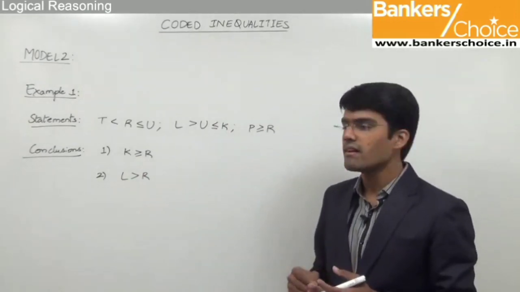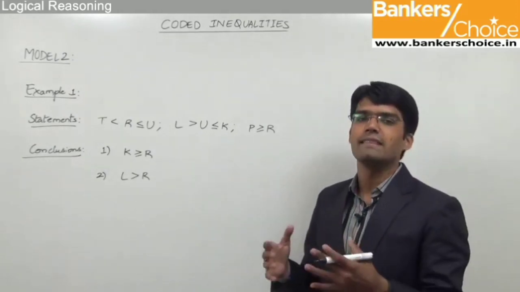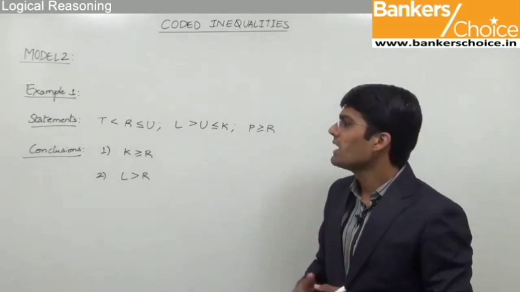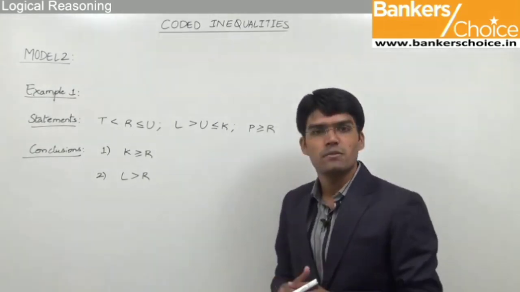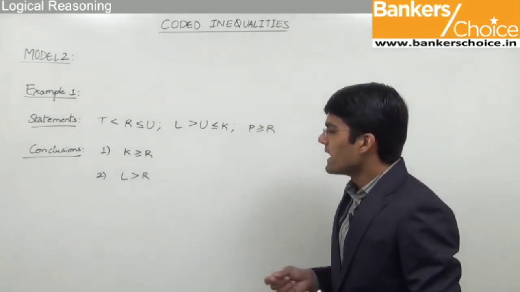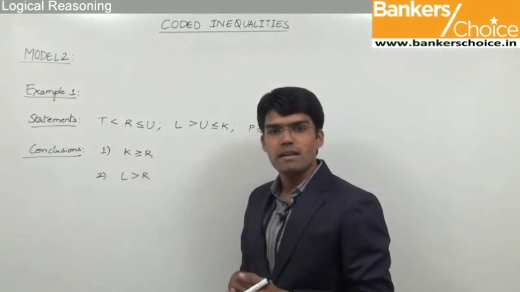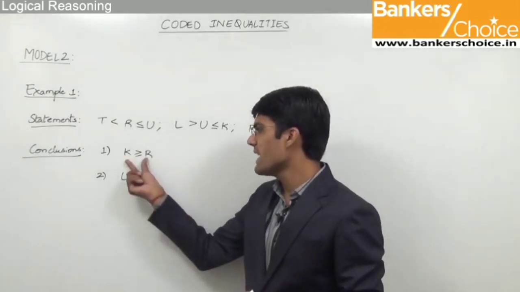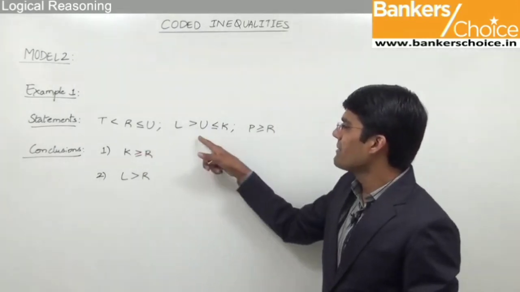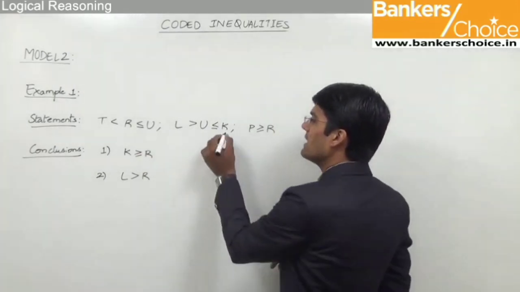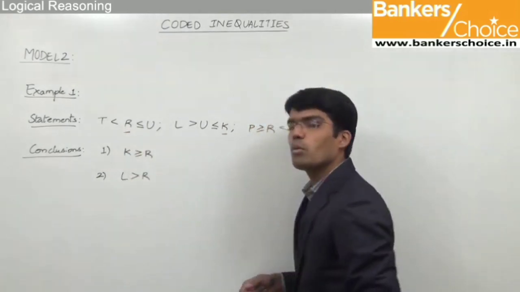So as you can see here, we don't have different symbols which have to be replaced with inequalities and then find out the correct conclusions. Let us simply work out as we have discussed earlier and find out which of the conclusions are true. Now, if you look at conclusion number 1, the variables k and r have been compared, and the given conclusion is k is greater than or equal to r. Now, in the given statements, we have the variable k in statement 2 and the variable r in statement 1.